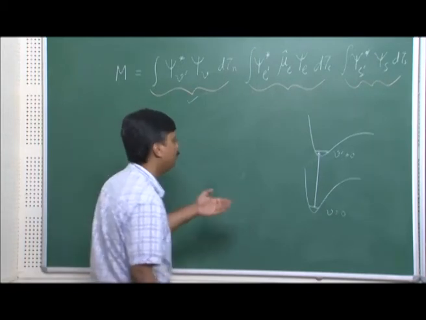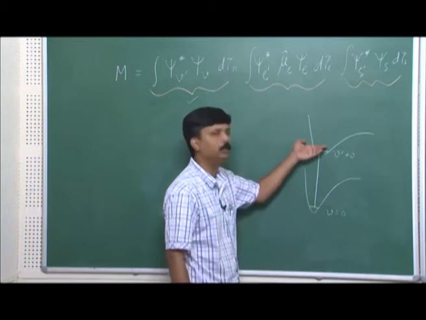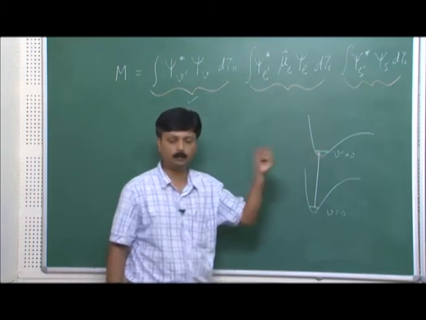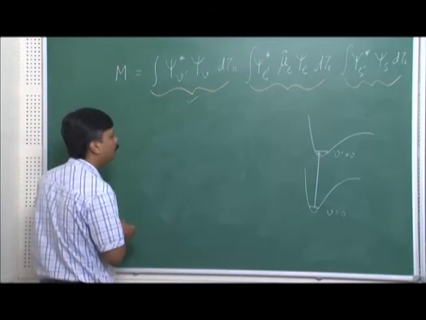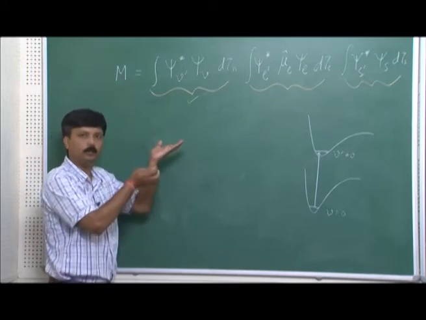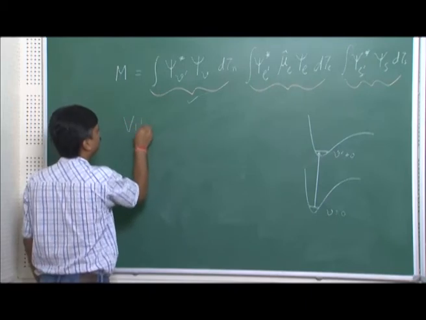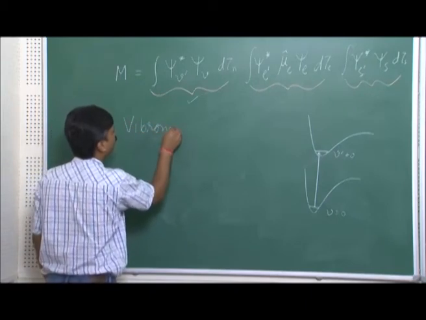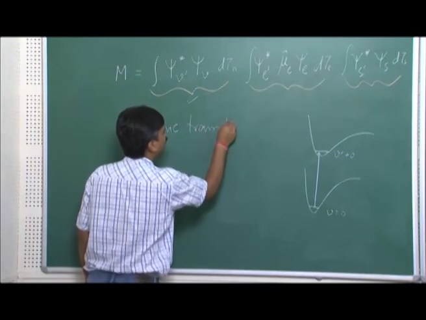So what will happen if I excite from V equals 0 to V prime equals 1 here? So I should think about a transition which will have both a vibrational transition as well as an electronic transition. So altogether this is known as a vibronic transition.